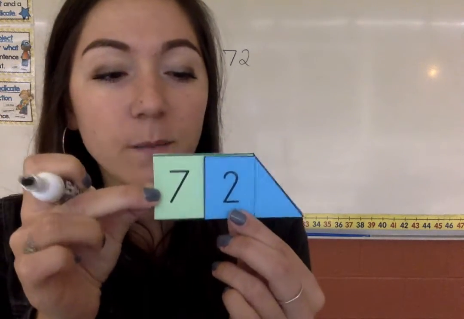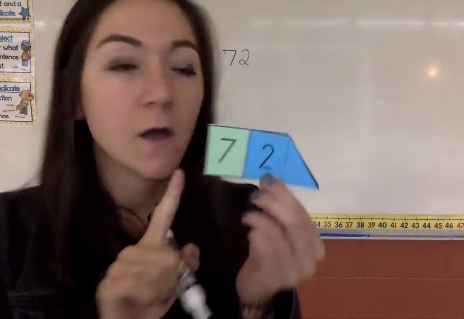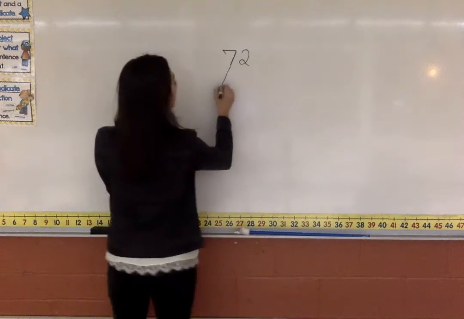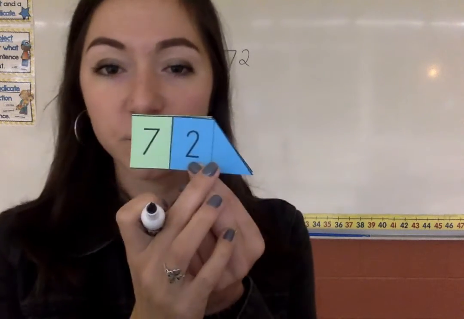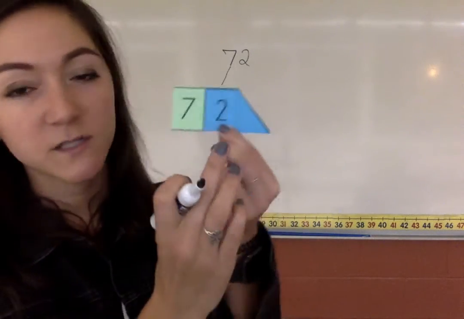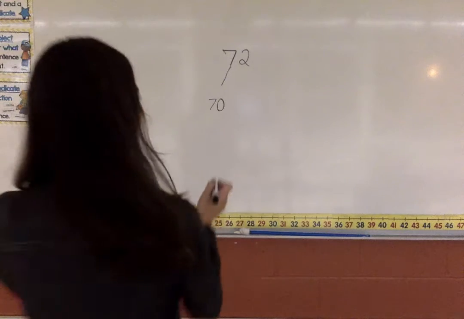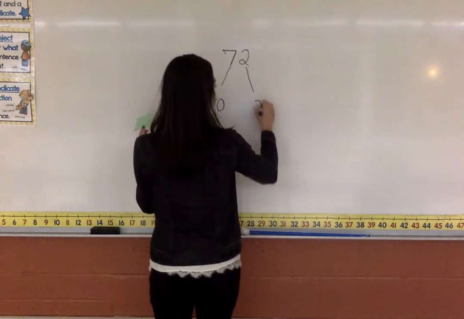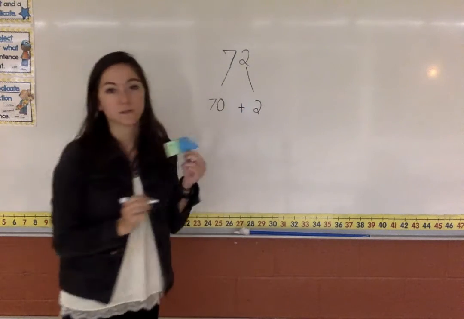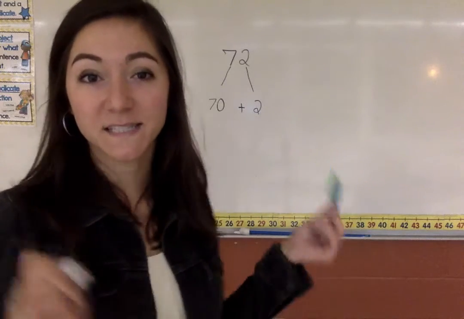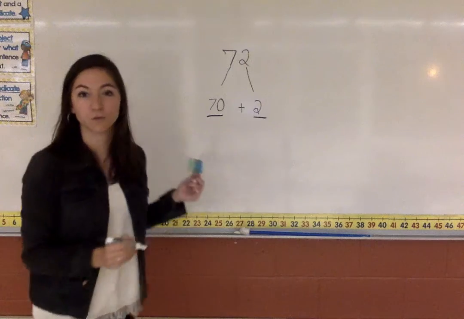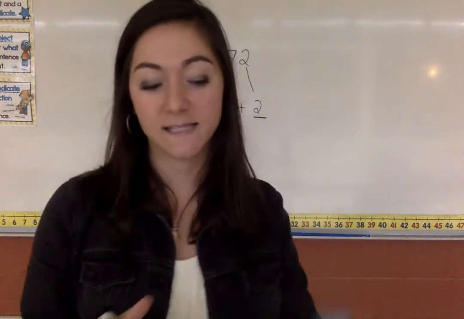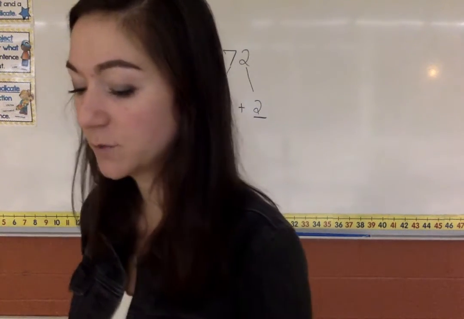So we always need to remember that the 7 in the tens place represents 70. And then this 2, since it's in the ones place, just represents 2. So the number 72 is the same thing as 70 plus 2. And when we decompose the number like that, it's easier for us to add or subtract it.